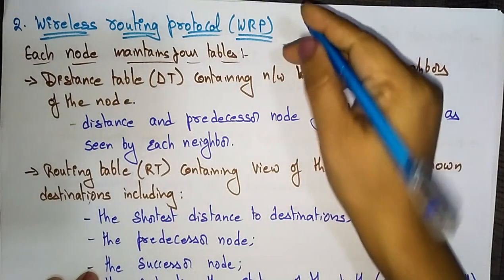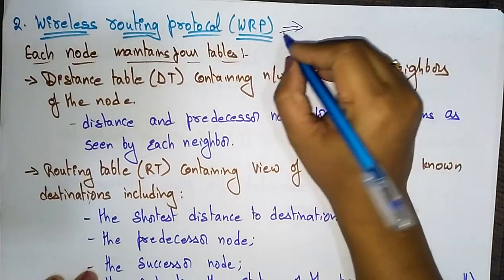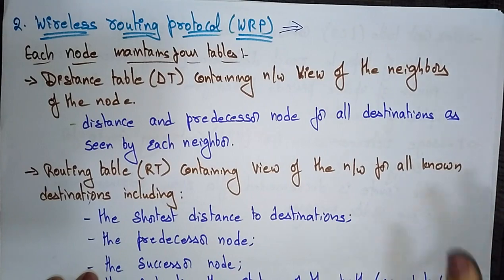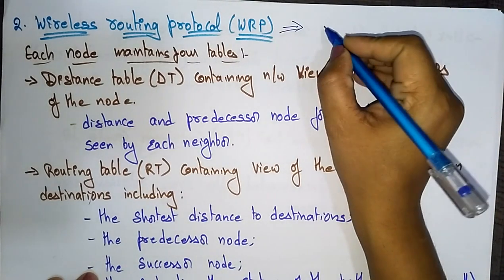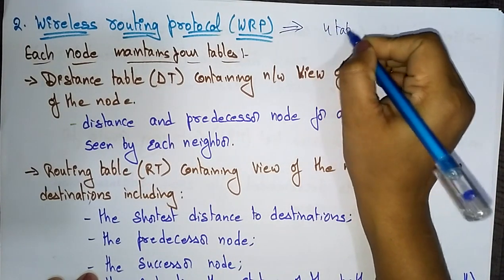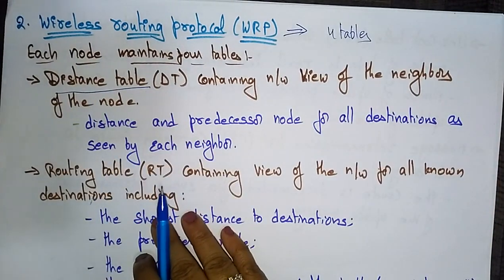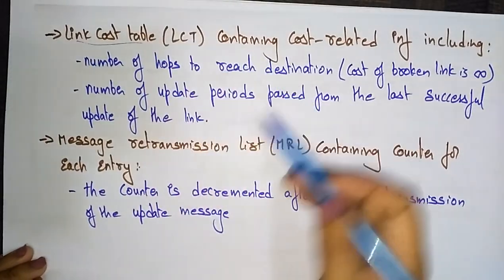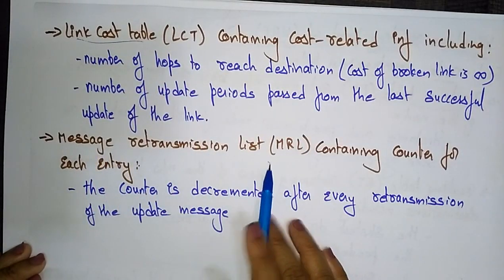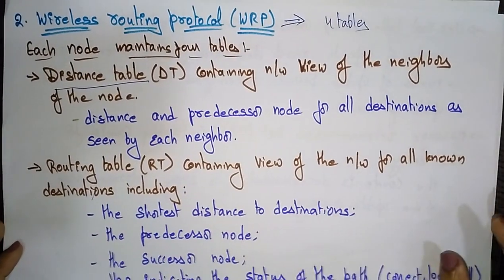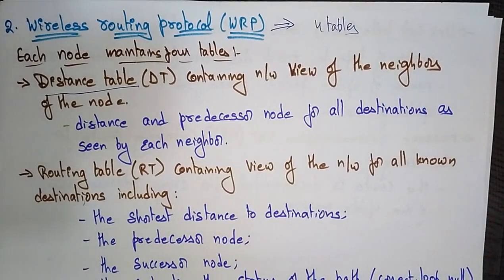In the wireless routing protocol, each node present in the network will maintain 4 tables: the distance table, the routing table, the link cost table, and the message retransmission list. So a total of 4 tables will be maintained by each and every node.